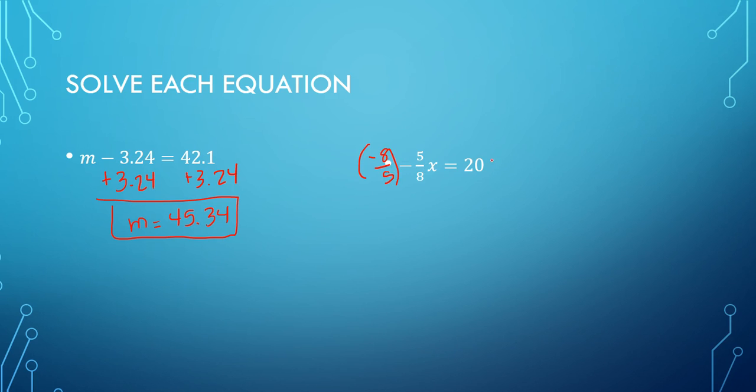So we're going to multiply both sides by negative 8/5. So on this side, the 5's and the 8's cancel out. We just have x. And then 20 times negative 8/5 is negative 32, because the 5 would cancel the 20, make it a 4, and 4 times negative 8 is negative 32.